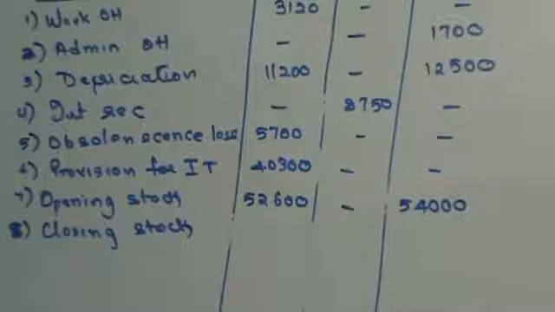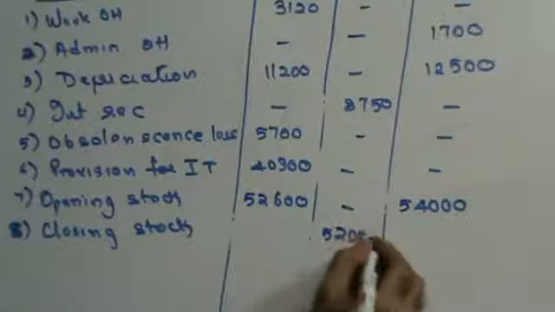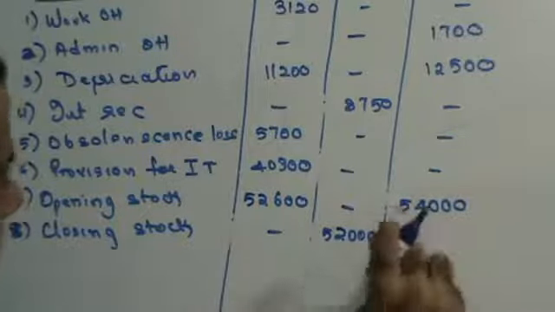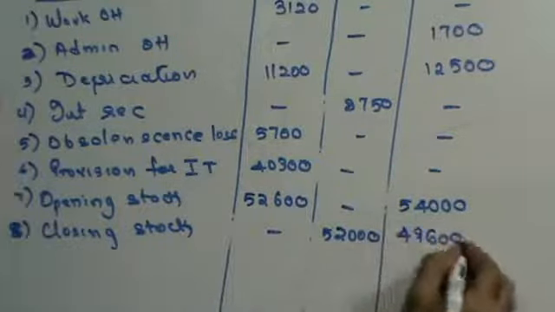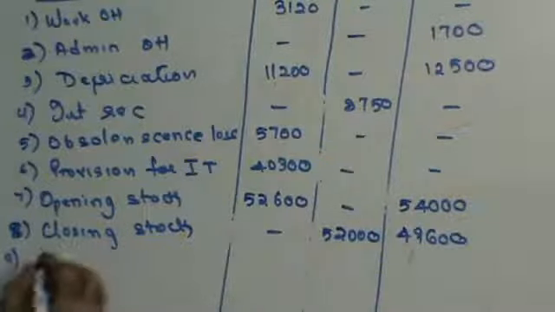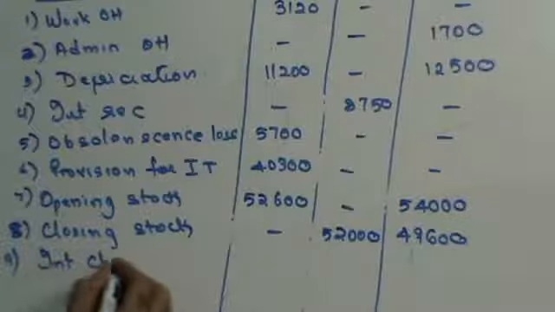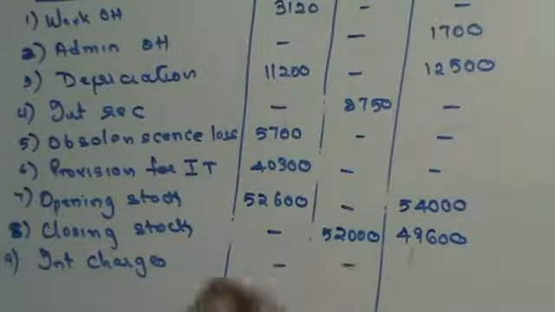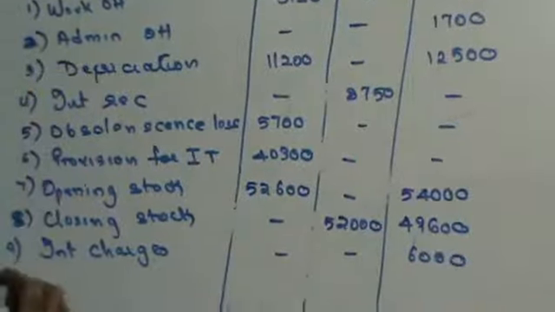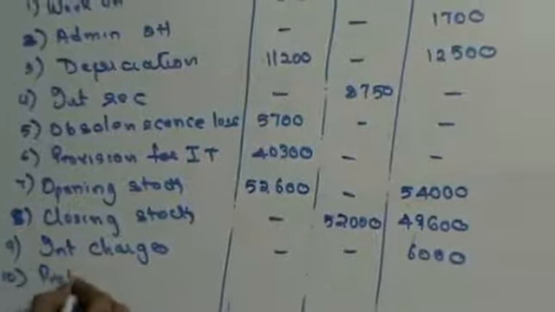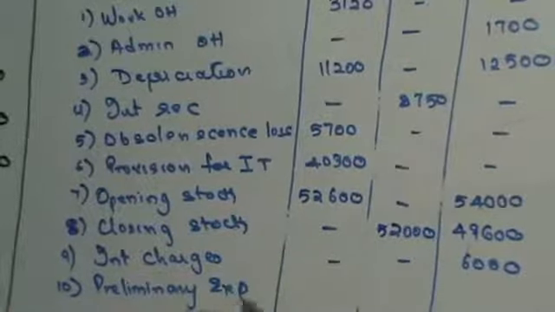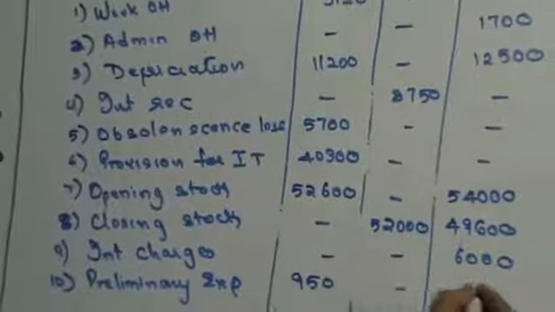In financial records it is 52,000 and in cost records it is 49,600. Next, interest charged in cost account only, 6,000. Next, preliminary expenses written off, expense 950.